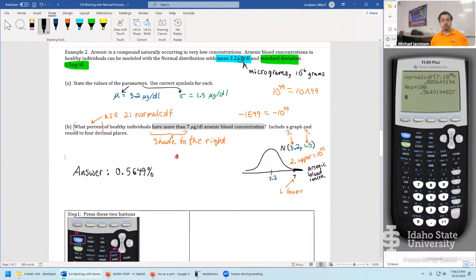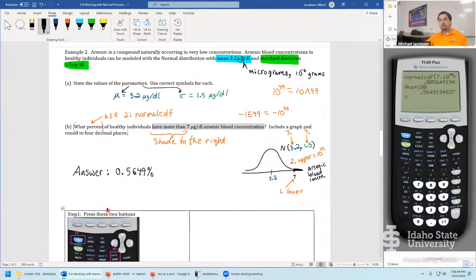We would have to look into rooms of size like hundreds of people to have a chance of finding one person. But the thing about probabilities and percentages is that rare events also occur. There is a chance that someone in this room has blood arsenic concentration more than 7 micrograms per deciliter. It's just a very low chance. That would be a rare event.